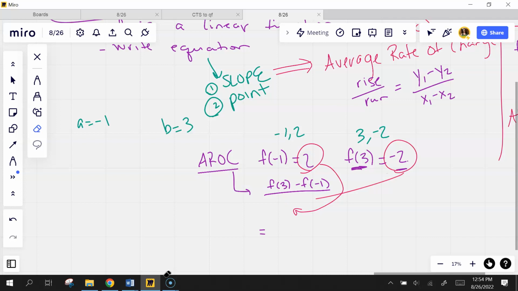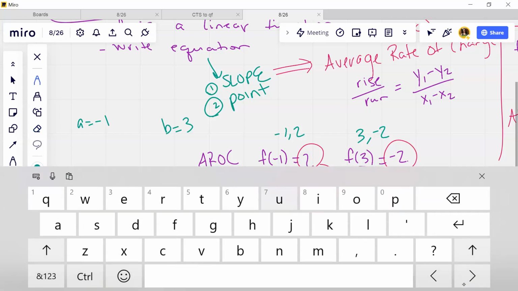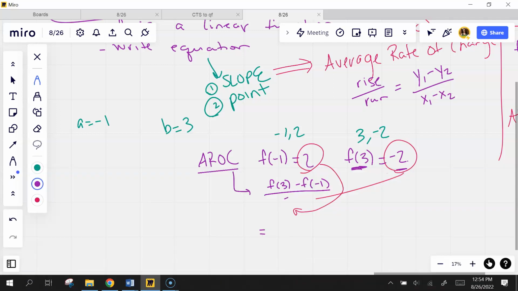Sorry, I messed up. Look, it's y's over x's. Rise over run. I haven't plugged them in yet.